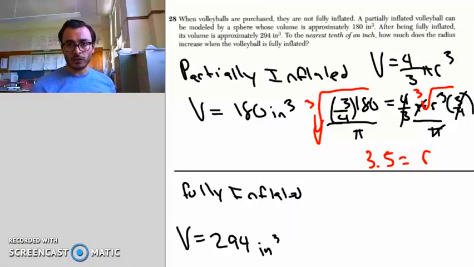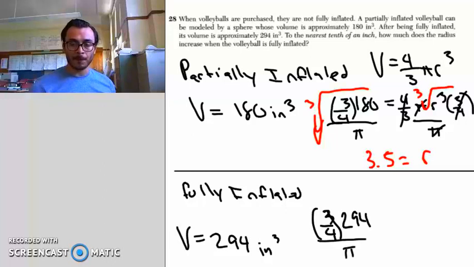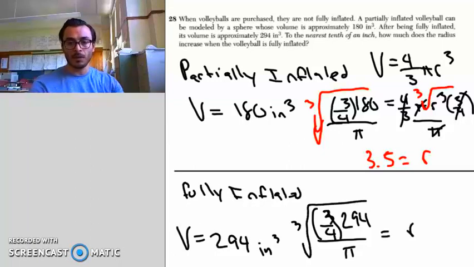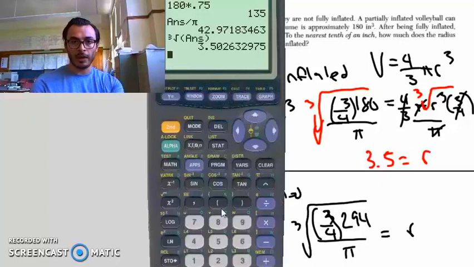Hopefully you get the gist from this, what you need to do for the next one. What we need to do is first multiply that 3/4 by the volume, divide that by pi, and then take the cubic root of that to get that radius. So let's get our calculator to do that.